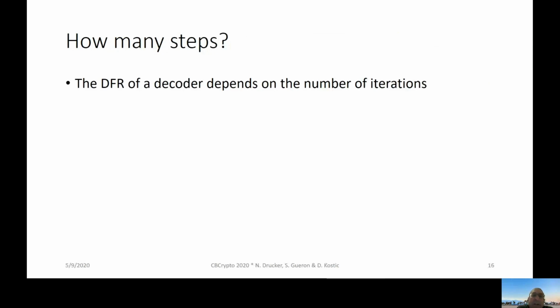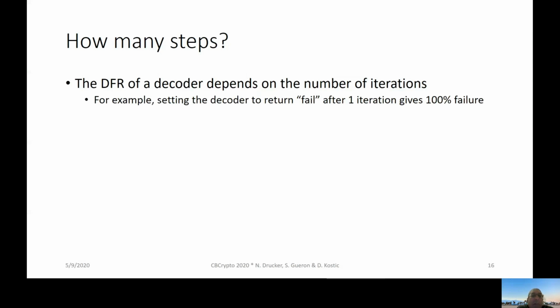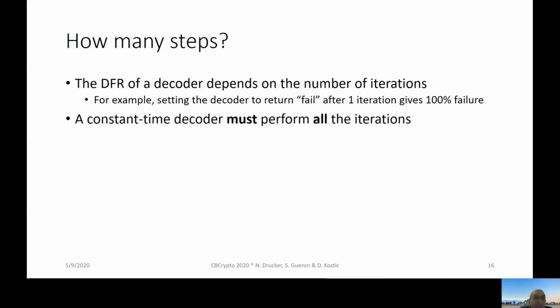Of course, the DFR depends on the number of iterations that you allow. Iterations and steps, I use these interchangeably. For example, if you set the decoder to always return failure after one iteration, you get 100% failure rate. Now, a constant time decoder must perform all of the iterations.